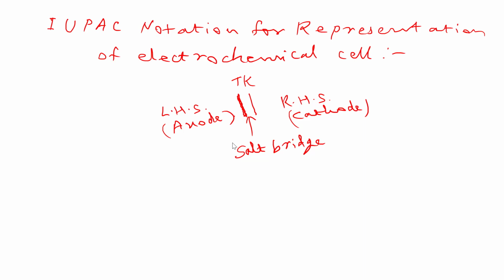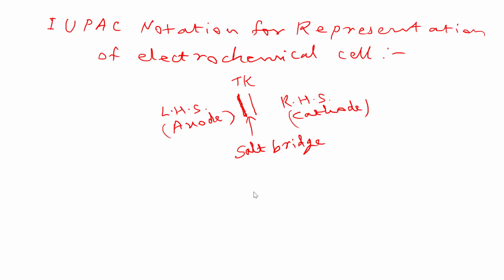So this is the first thing you have to remember. Like the salt bridge, we mention it with the help of these lines. As we have written the name salt bridge here, in representation we do not write the name; it is fixed by IUPAC that these two parallel vertical lines represent the salt bridge.